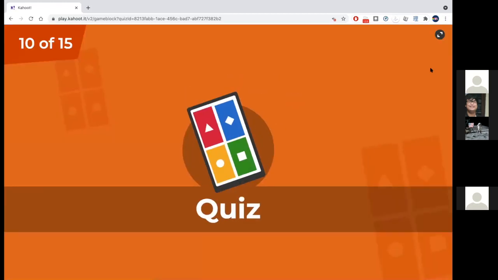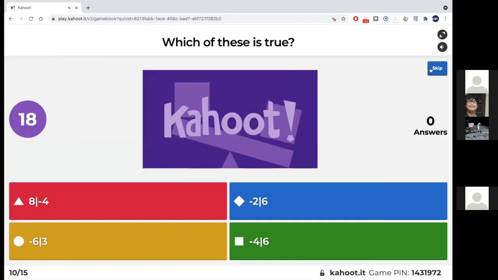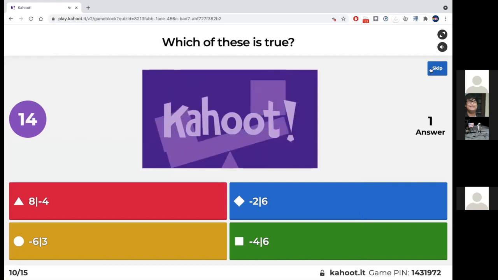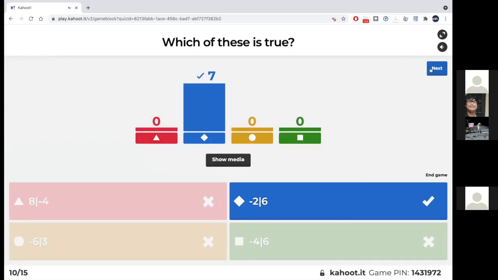Oh wait, I think it means zero can't divide any number. X divides 0. All right, that one's pretty simple.